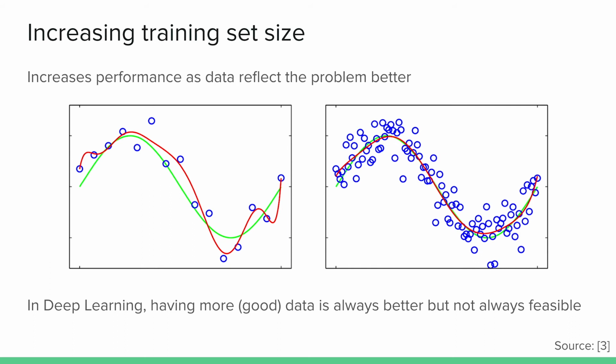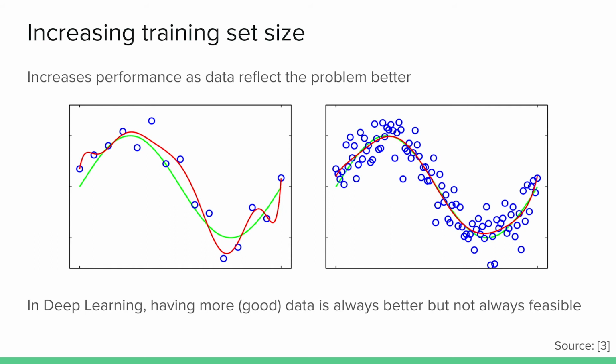One of the things that will help us most along the way is if we can increase the training set size. One of the problems is that if we have too little data to train on, we would like to understand the underlying distribution, but we can't because we have too little information. So the network will try to fit a curve here, as you can see, but the true underlying distribution is not really what the network will actually learn, because it just has too little data to extrapolate onto that underlying distribution.